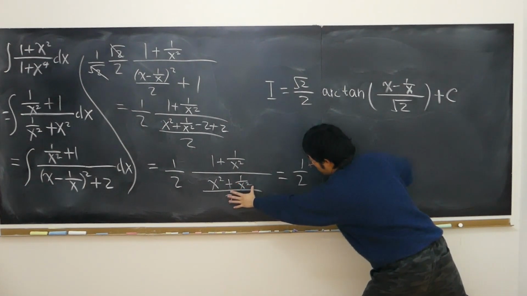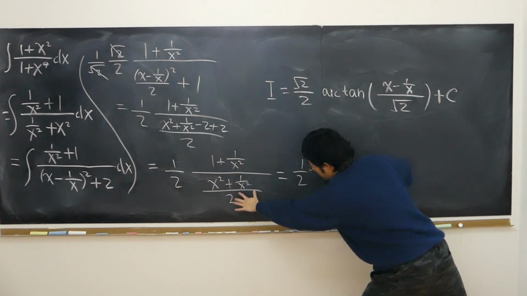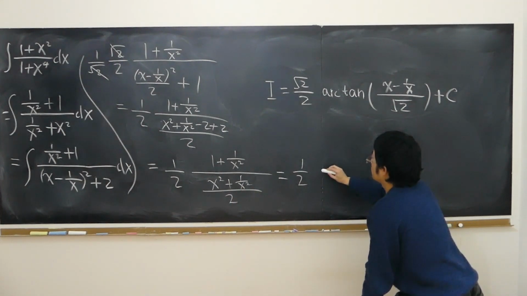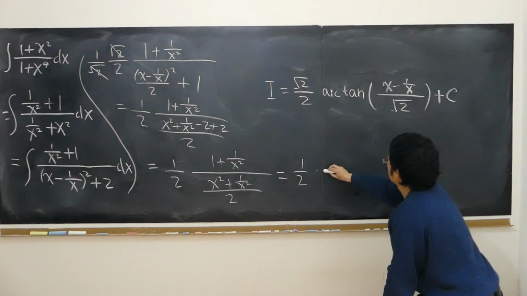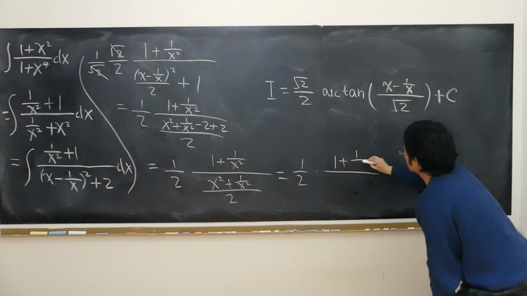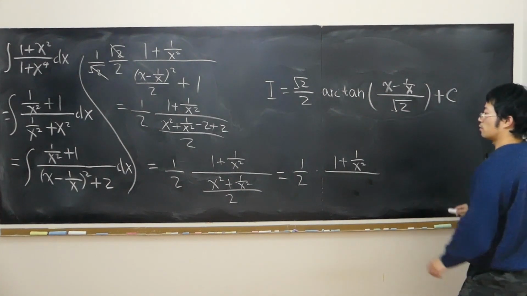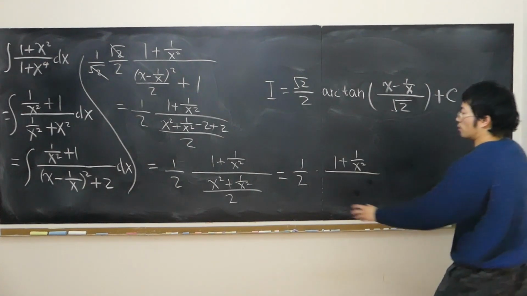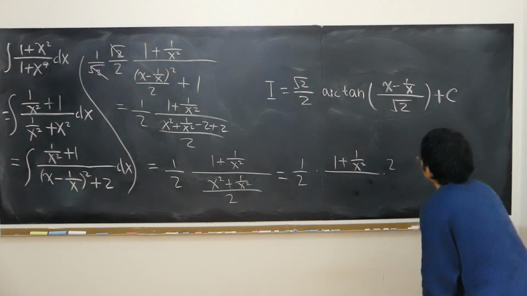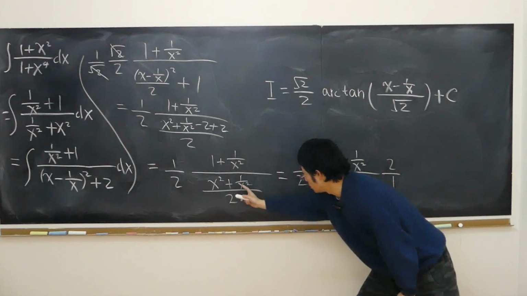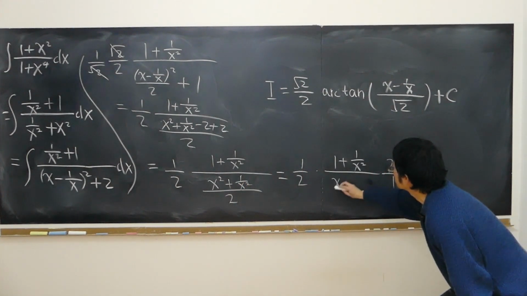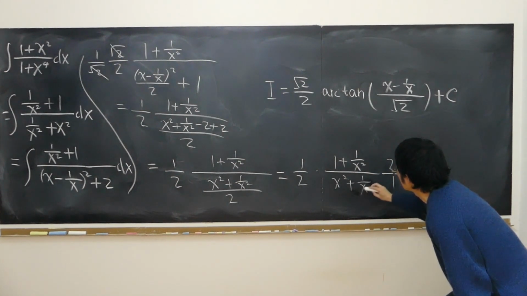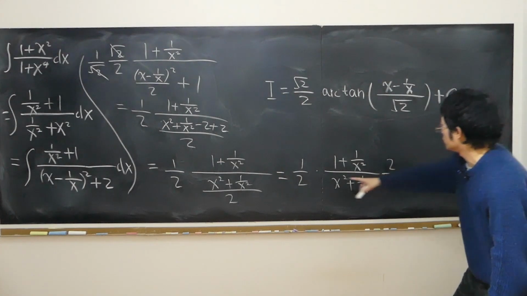When you divide by a fraction, you multiply by the reciprocal. So the reciprocal of this fraction is 2 over (x squared plus 1 over x squared), multiplied by 1 plus 1 over x squared. Let's flip this upside down: 2 is now on top, and the top becomes the bottom, x squared plus 1 over x squared. And we can simplify the 2 and 2 here. Gone.